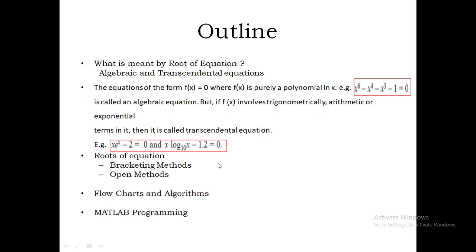For finding the roots of an equation there are two methods. First is the bracketing method, also called the interpolation method.